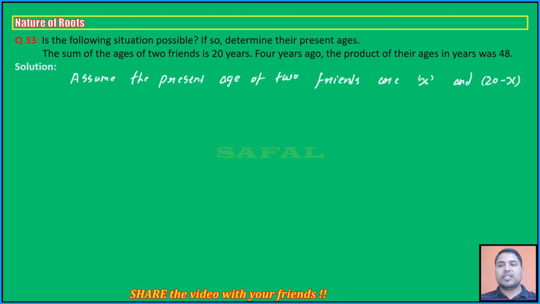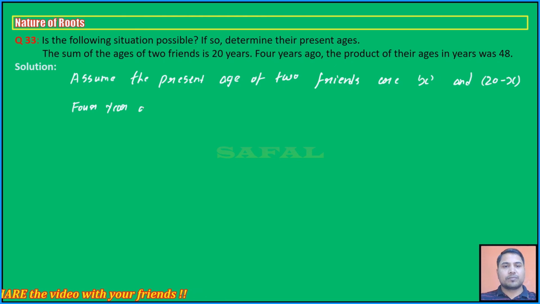So if one person is x, other will be 20 minus x. Now 4 years ago, if I look at their ages, the first person will be x minus 4 and the second person will be 20 minus x minus 4.